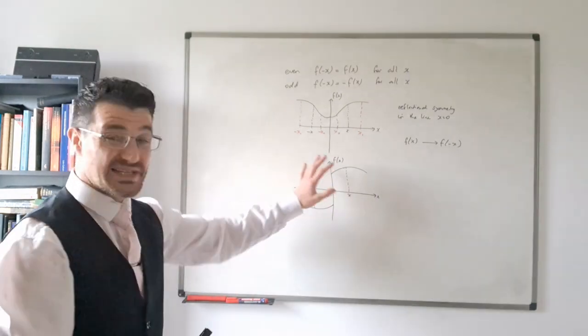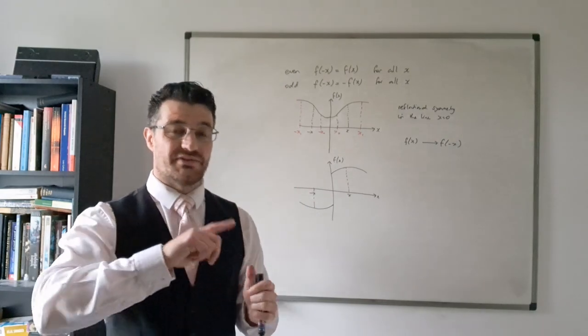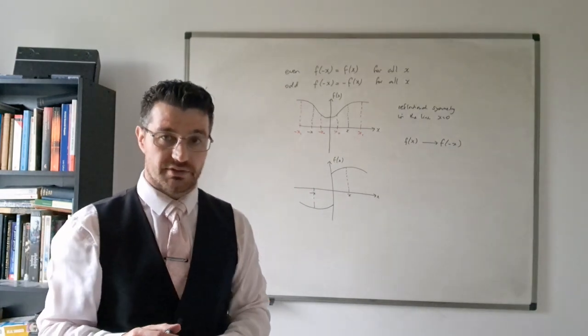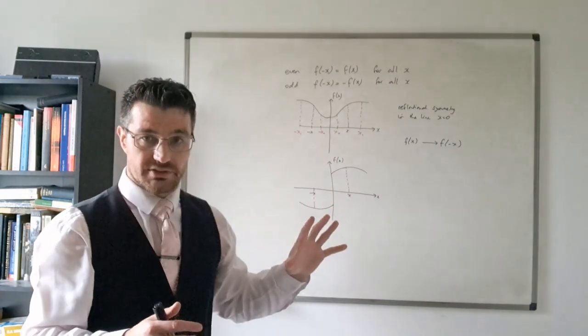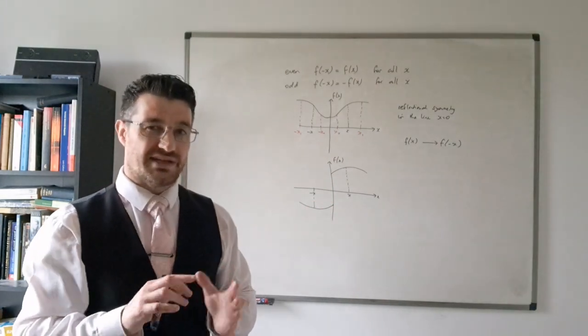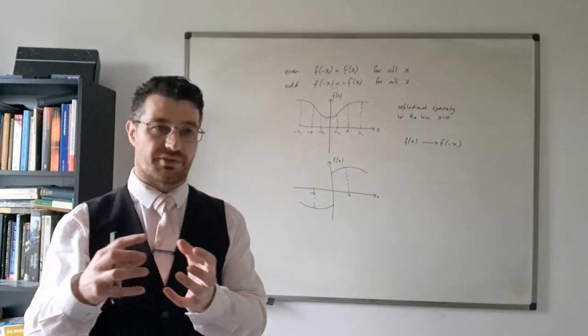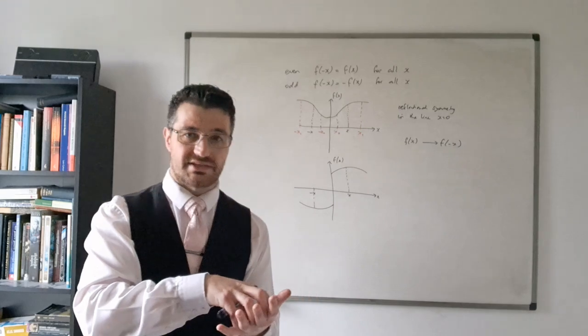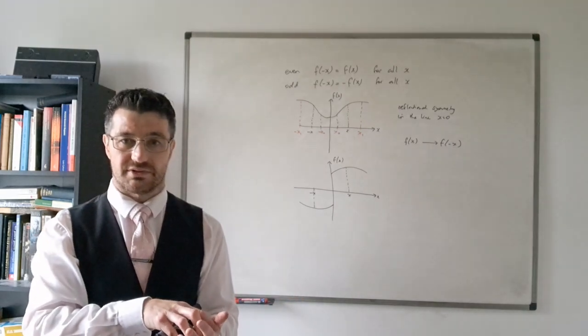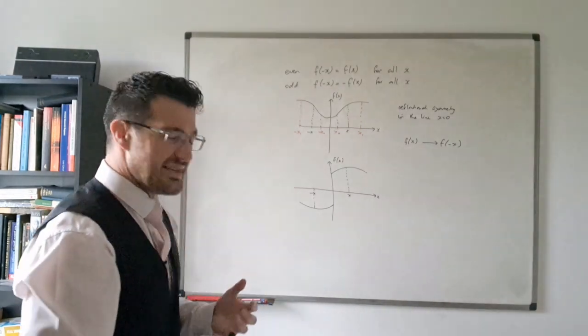Now, if you use this diagram, you could still arrive at the correct conclusion, which is that we've got a rotational symmetry about the origin. But you've arrived at the correct conclusion through logically incorrect reasoning. Okay, and this is important.